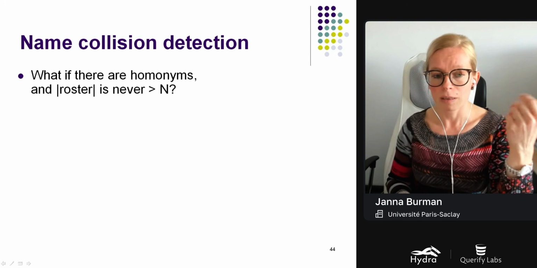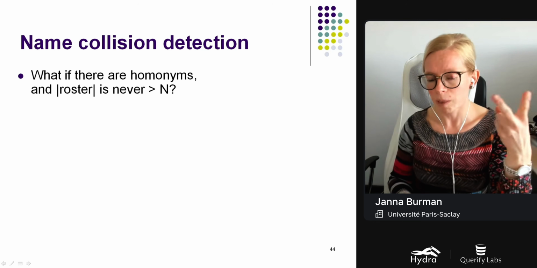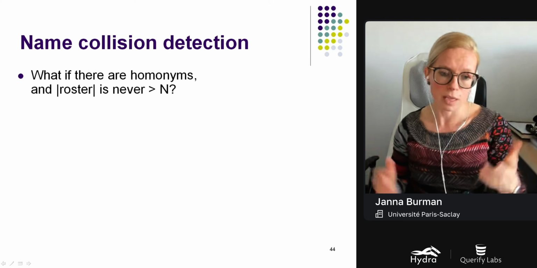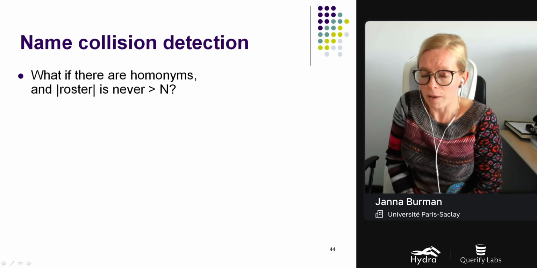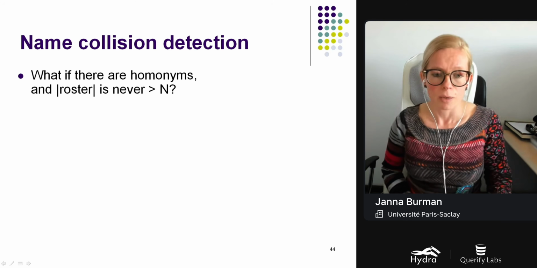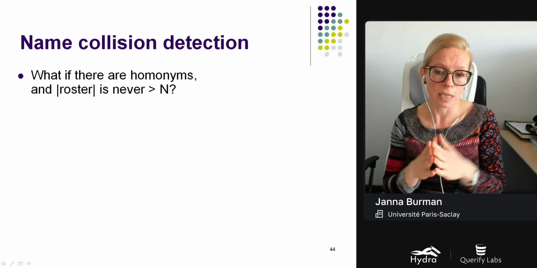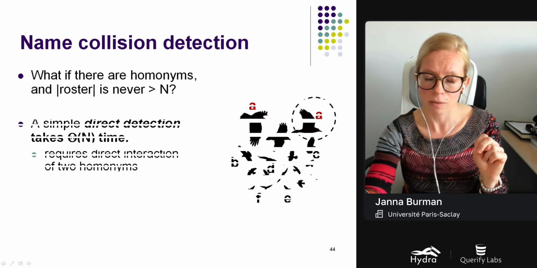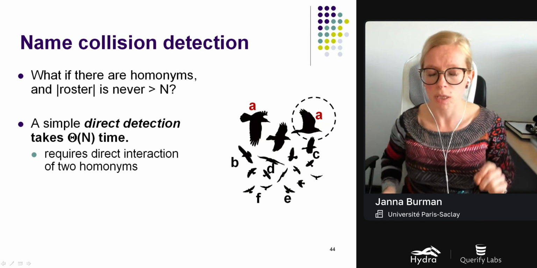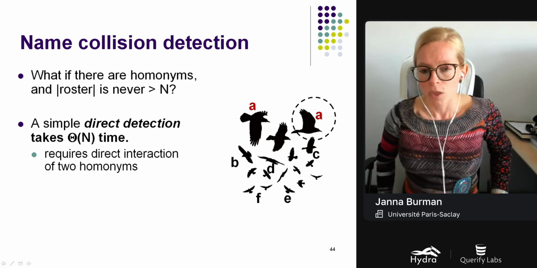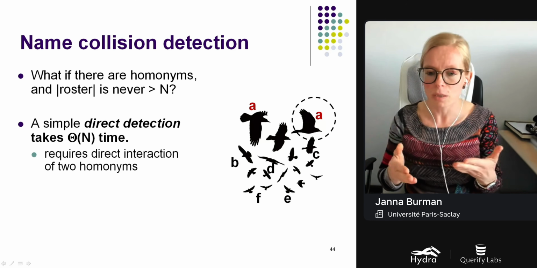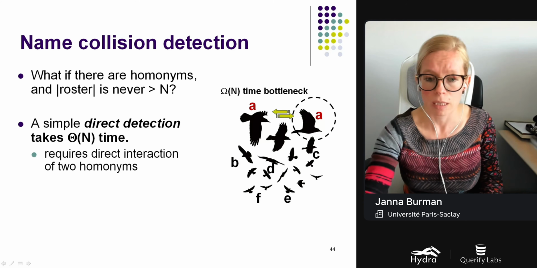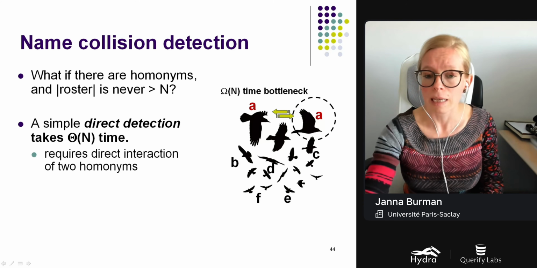So the roster will be maybe of only two values, and it never will become 5 or 6, for example, or 7. We have to detect the homonyms, and if we only have 2 homonyms, to make them meet, imagine we have only 2 agents with some name A, takes with high probability a linear time.